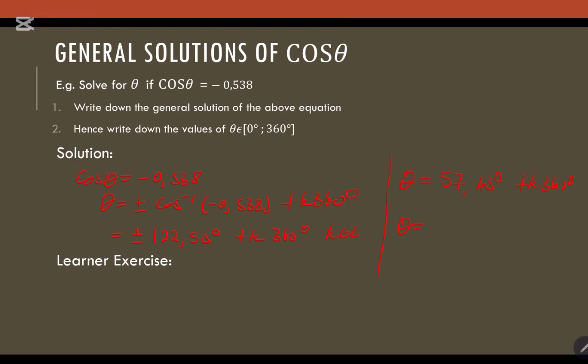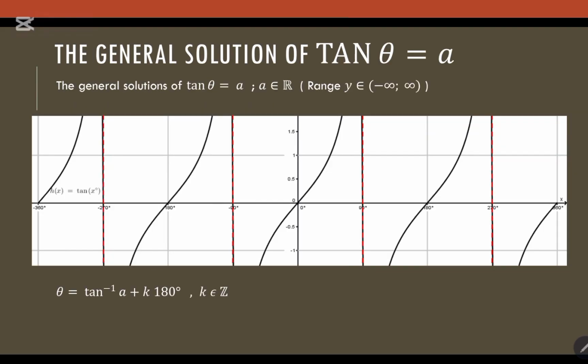And theta also equals 180 plus 122.55, that will give you 302.55 plus k times 360 degrees, and all those general solutions will provide you with all the solutions for the intersections of these two graphs.